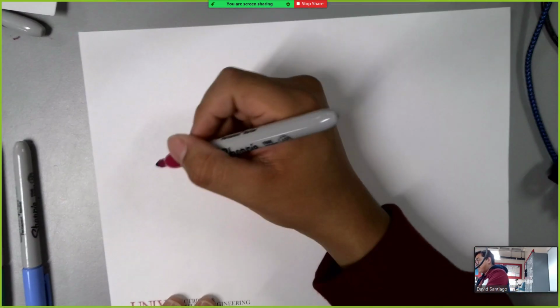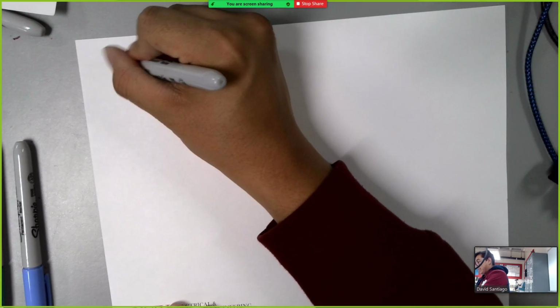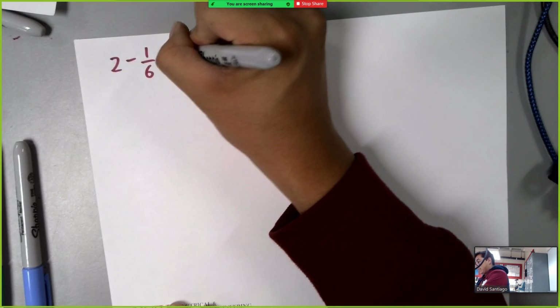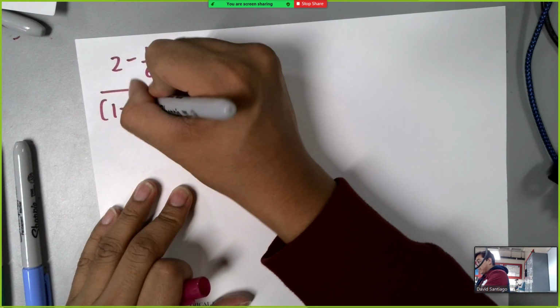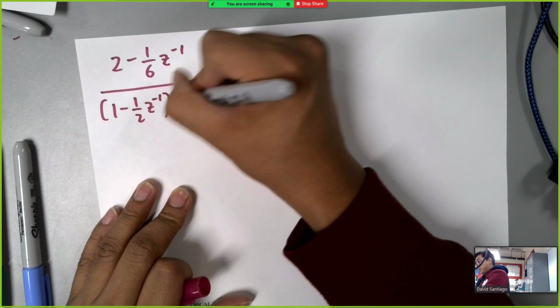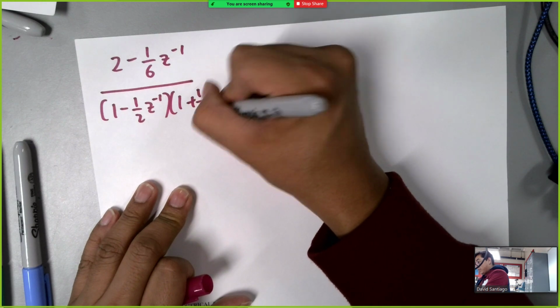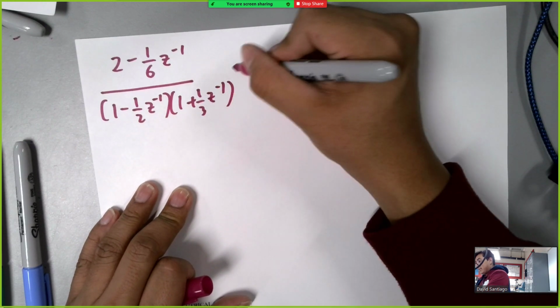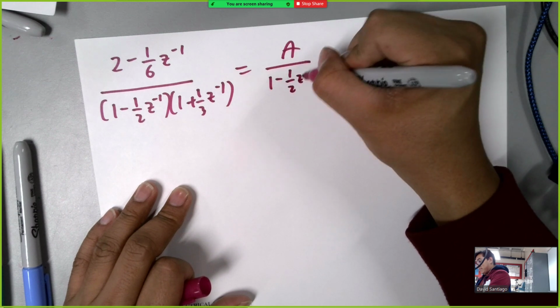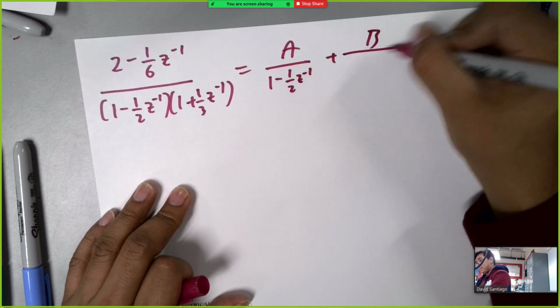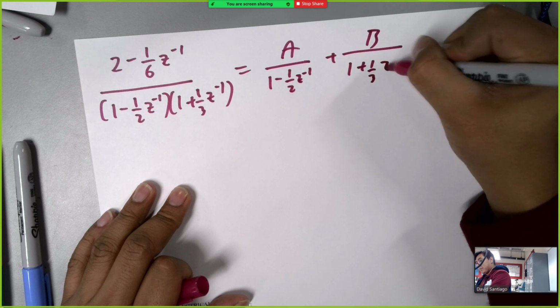So looking purely at this term, 2 minus 1 over 6 z to the minus 1 over 1 minus 1 over 2 z to the minus 1 times 1 plus 1 over 3 z to the minus 1 is equal to A over 1 minus 1 over 2 z to the minus 1 plus B over 1 plus 1 over 3 z to the minus 1.